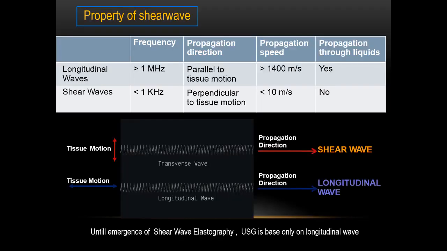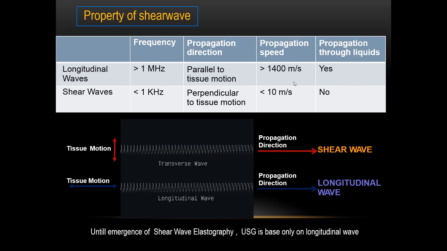So before we move to shear wave elastography, we need to look at the basics. Shear wave is not the regular ultrasound beam that we use for imaging. Shear wave is a low frequency wave that has lateral propagation as it passes through the medium. In normal B mode, we use more than 1 megahertz to image grayscale ultrasound.